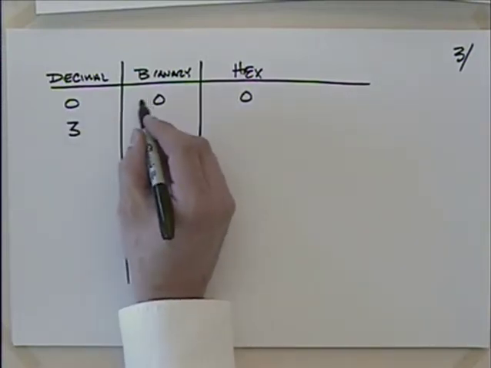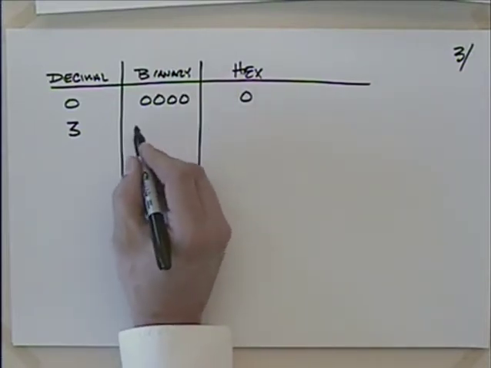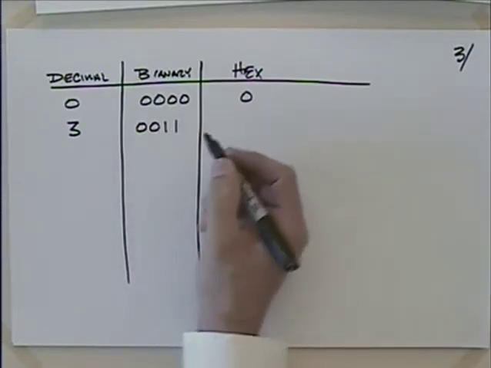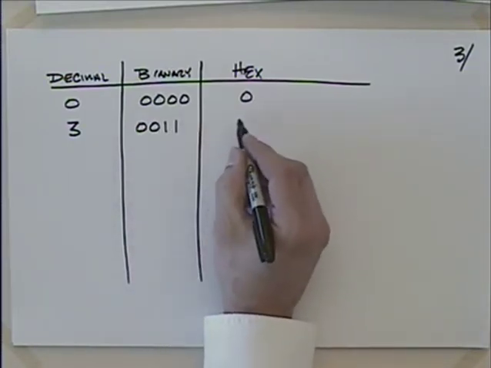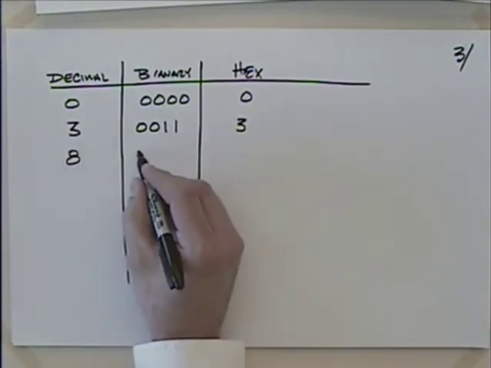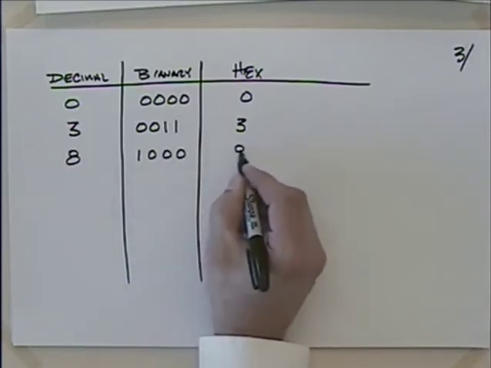Let's go with a 4-bit number, so maybe I should have said 0, 0, 0 here. So we would have 0, 0, 1, 1. We take a 2 and a 1, we get a 3. This would be 3 in hex. If I look at 8, that's going to be 1, 0, 0, 0. This is 8.